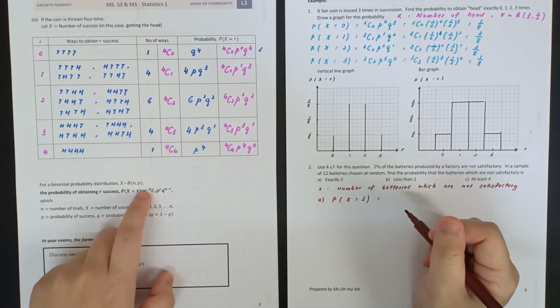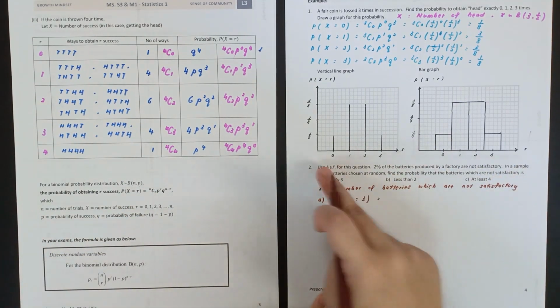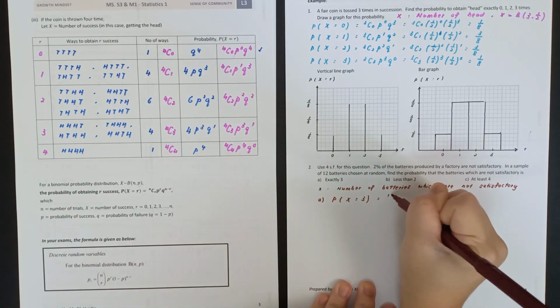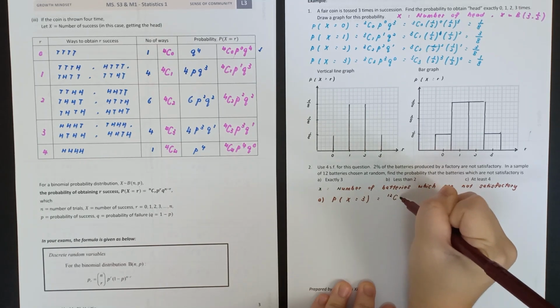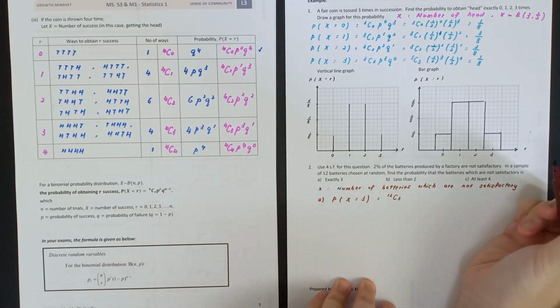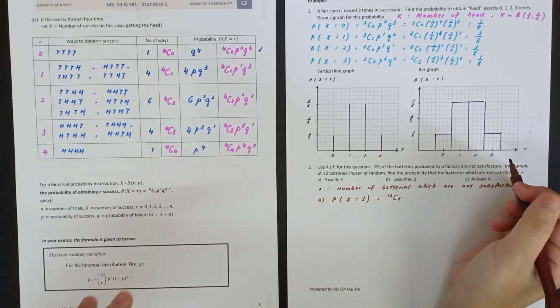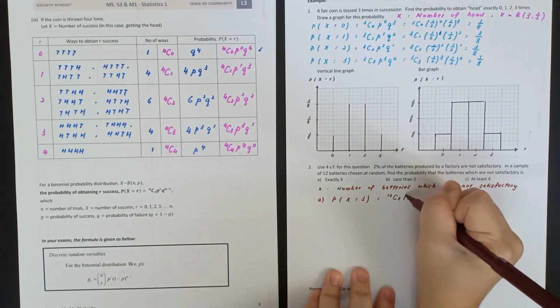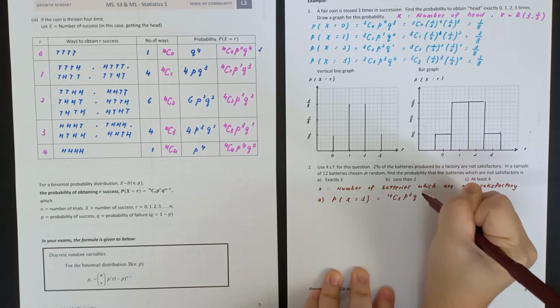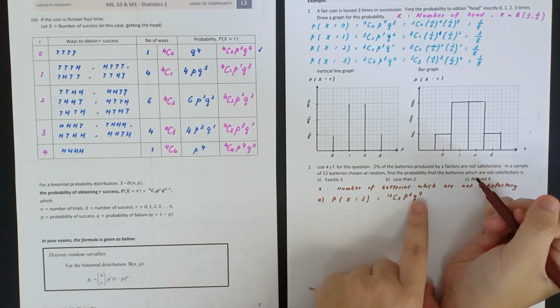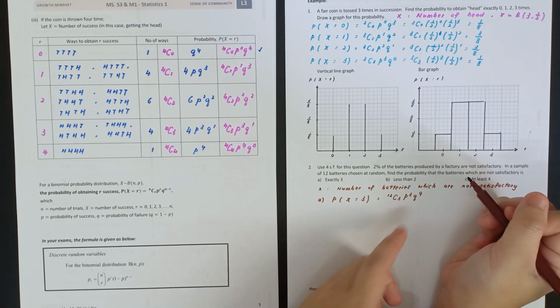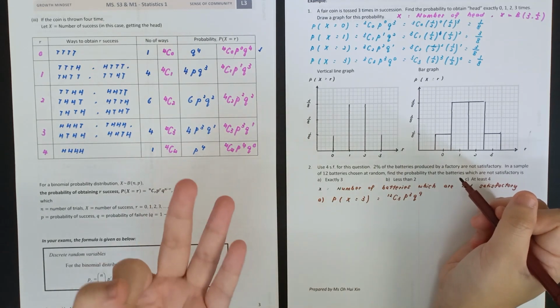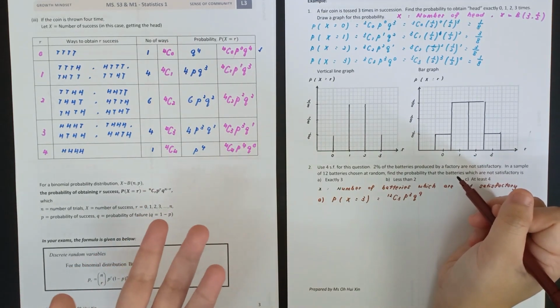The formula is nCr, and the sample number is 12, so 12C3. You want 3 not satisfactory batteries, so that's p to the power 3 and q to the power 9. How do I get 9? It's 12 minus 3. Or the other way: you have 3 successes, meaning you have 9 failures.